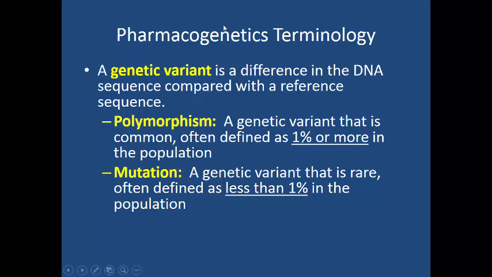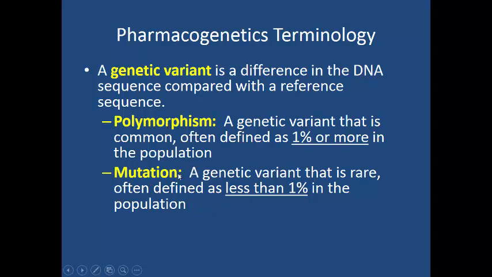Now, this term genetic variant, we can also subcategorize it a little bit further. We can refer to it as a polymorphism. This is a genetic variant that is common, often defined as 1% or more in the population. Or we can refer to it as a mutation. That's a genetic variant that is rare, often defined as less than 1% in the population.